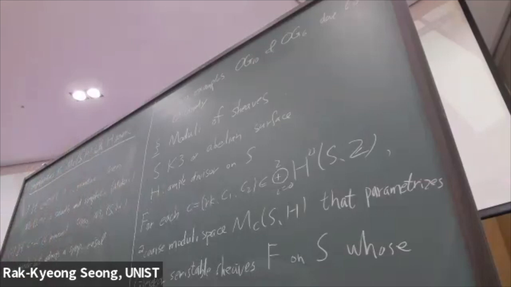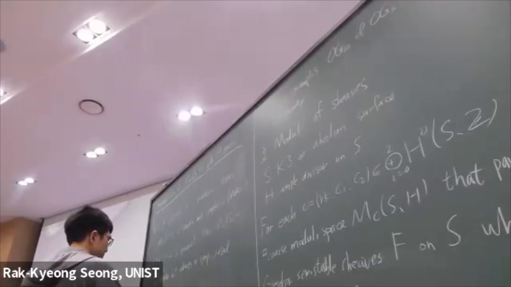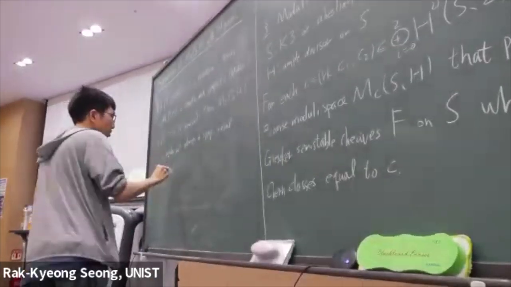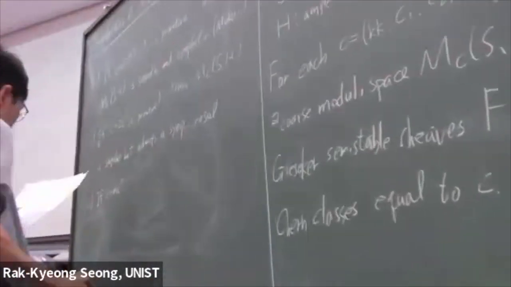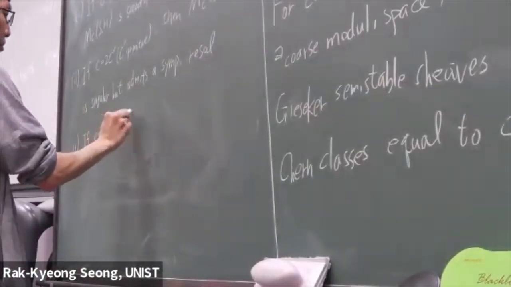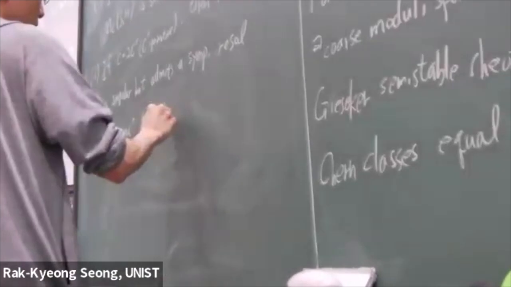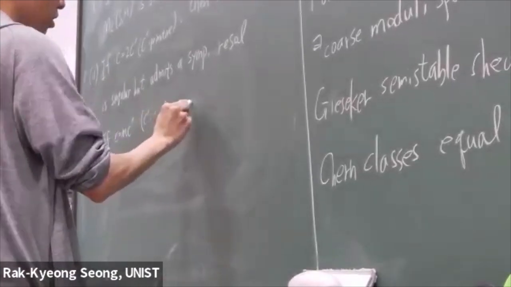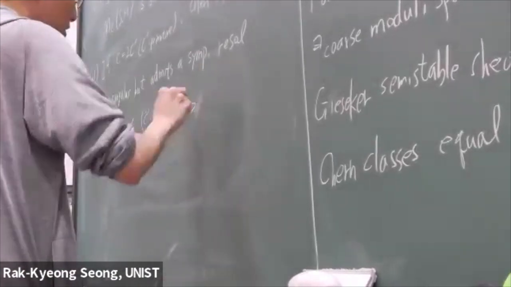And the final case, this is again non-primitive. Similarly, C prime is primitive and m is greater than 2.